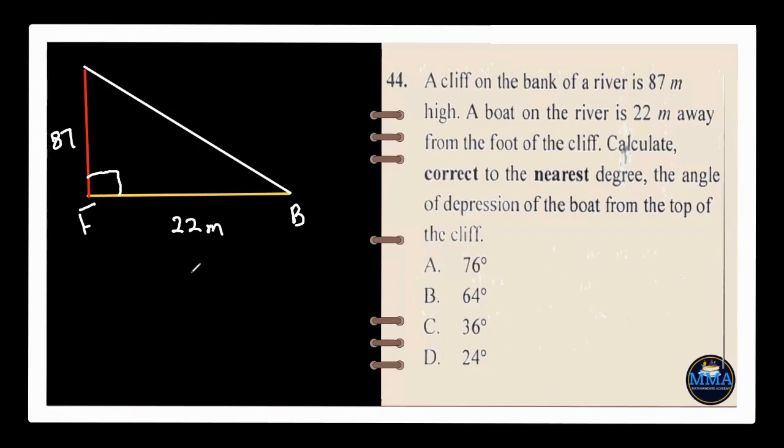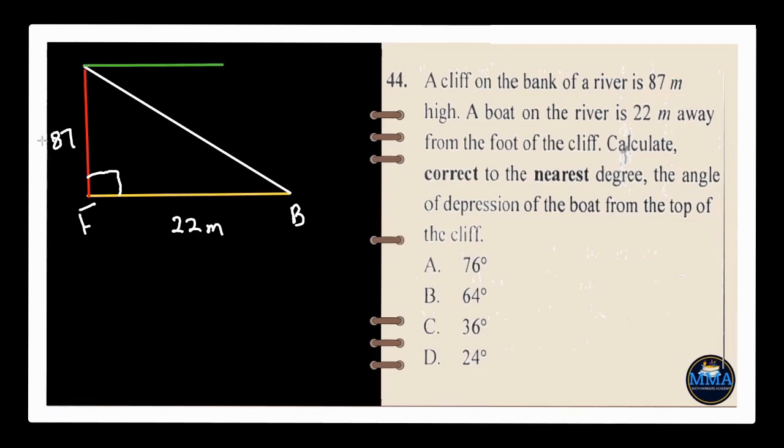Now, here, they said the angle of depression of the boat from the top of the cliff. Now, we know that angle of depression is going to go this way. We take a line this way.